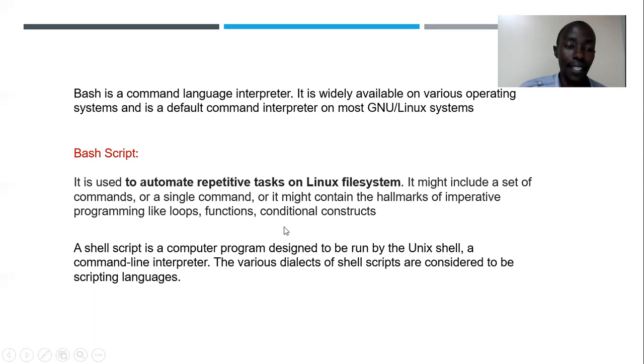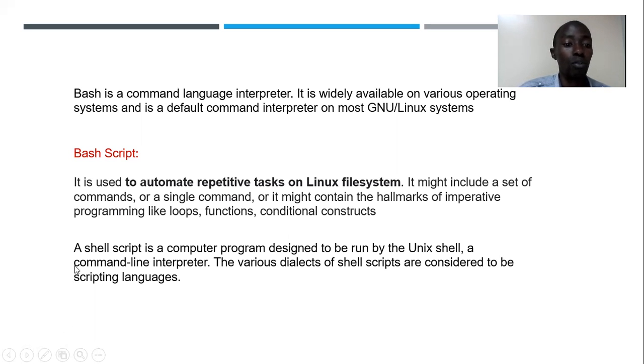When you get more in-depth on writing bash scripts, you will get to know more about the loops, the functions, the conditional constructs, and many more things. For now, it's only an introduction to what a bash script is.